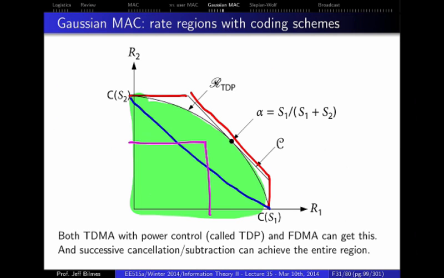So remind me, the normal TDMA, you have no power constraint or equal power for each? Normal TDMA is basically just saying don't change the power for the block. So we're not increasing the power of the bits of the codeword that we're sending in the alpha fraction of the block by 1 over alpha.